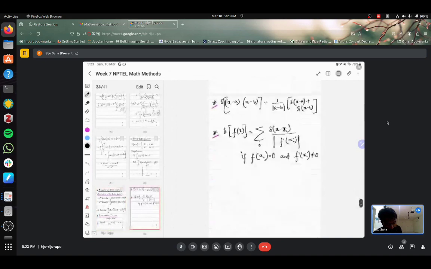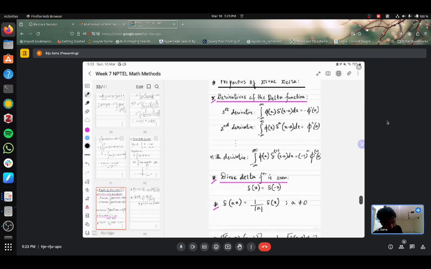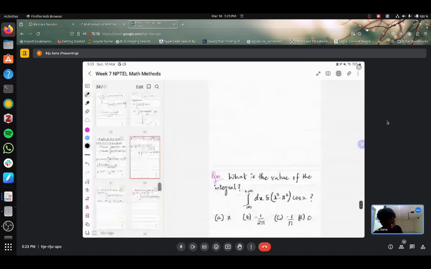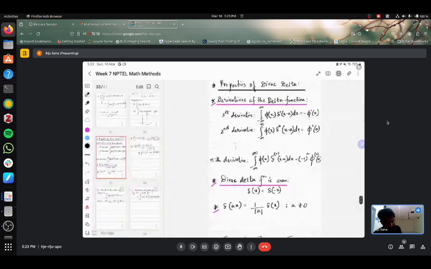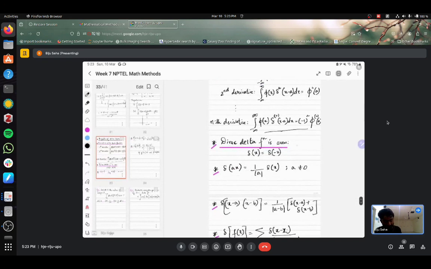Now, these are a few properties that will be helpful. The first property is finding the derivative of the delta function. The nth derivative of the Dirac delta multiplied with some function phi(x) is given as this, and the Dirac delta function is even.